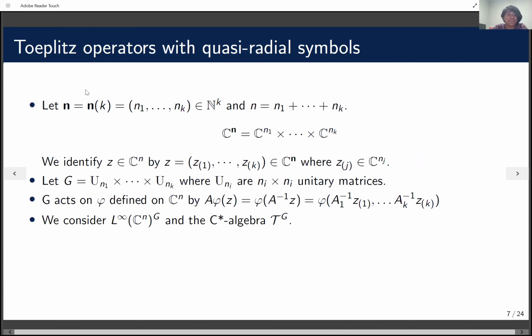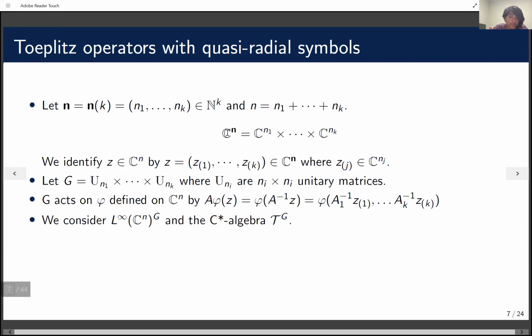Okay, so now we are going to define what Toeplitz operators with quasi-radial symbols are. We start with a k-tuple n, which we may also denote by n of k, and we write n as the sum of n1 up to nk.